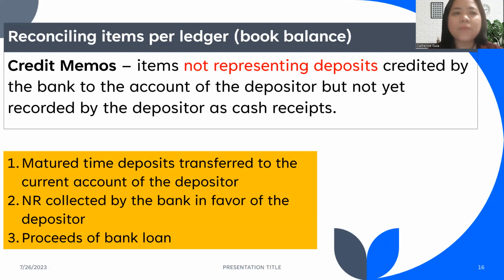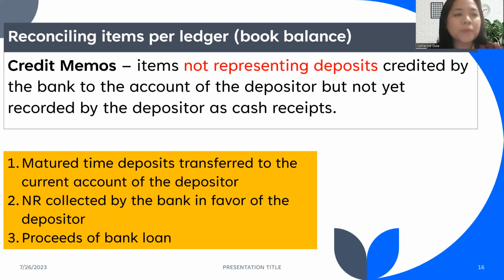So in that case, the cash in bank balance per current account will increase. And for number two, note receivable collected by the bank in favor of the depositor. So let's say the customer of the entity paid their account to the bank.